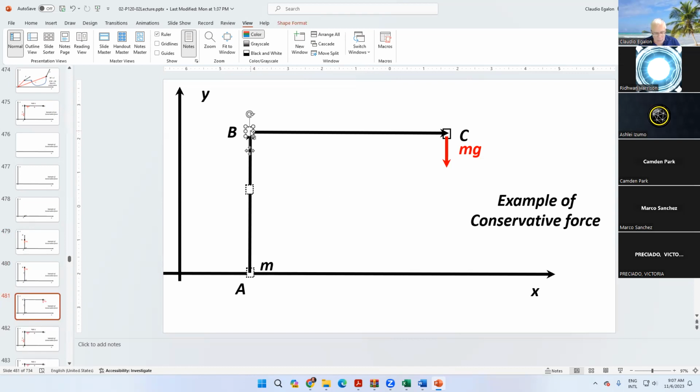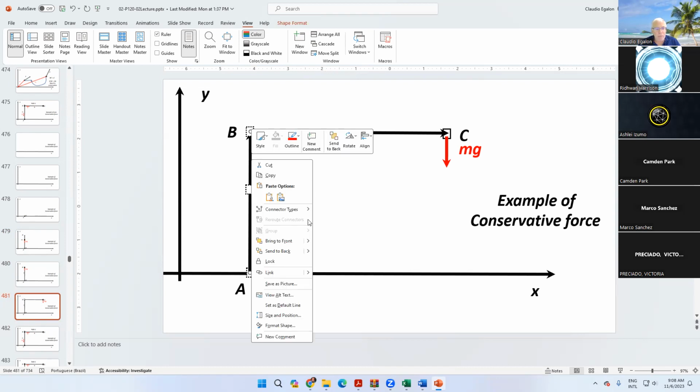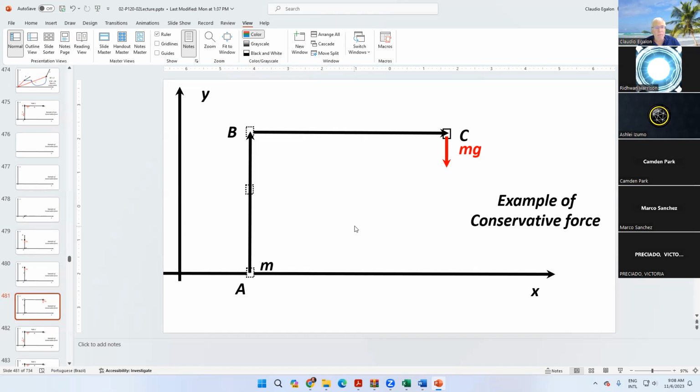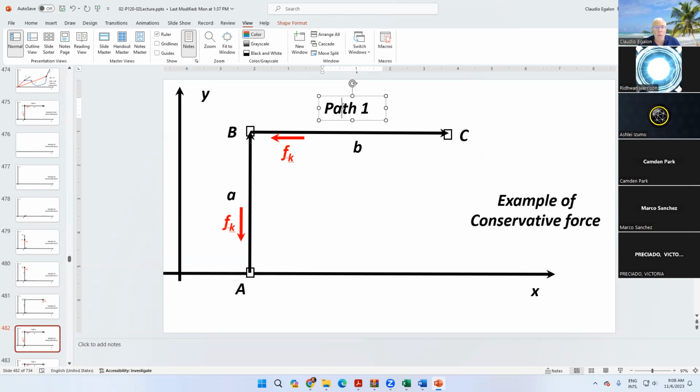And what I'm going to do is calculate the work done by the weight mg along this path. I'm going along this path, and then I'm going to repeat the same thing for a different path. I'm going to call that path number 1. So here we go.